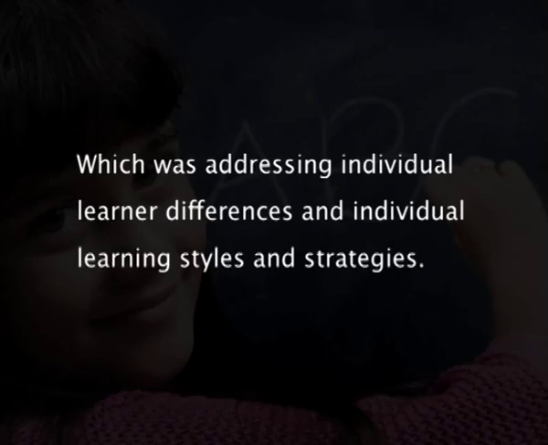If you look at change number 2, which was addressing individual learner differences and individual learning styles and strategies, this is taken care of by developing learning activities that facilitate multiple intelligences. Now, the crux of the shift implied in changes number 3 to 7, the emphasis there was communicative competence.